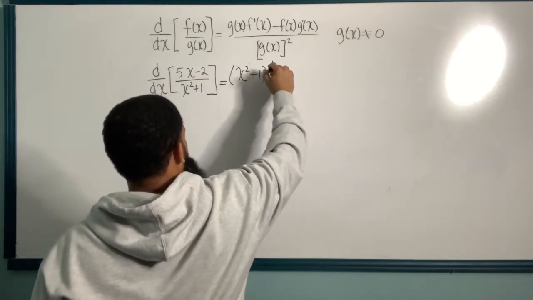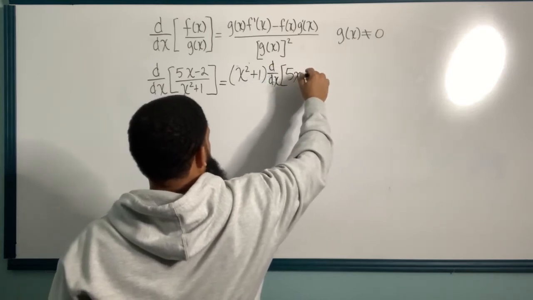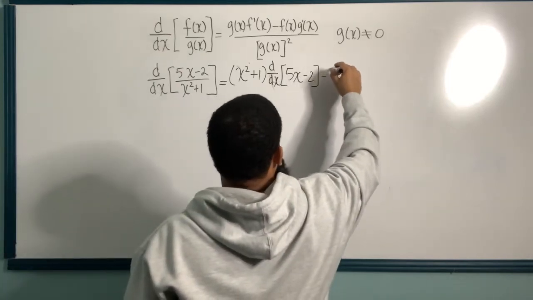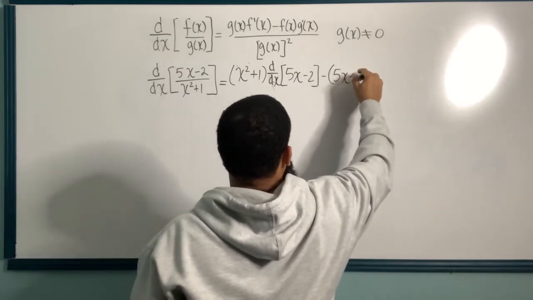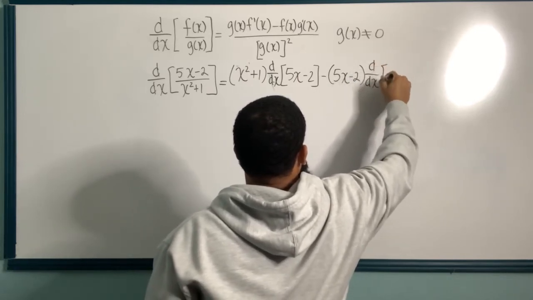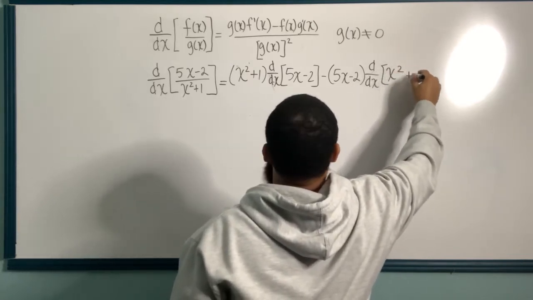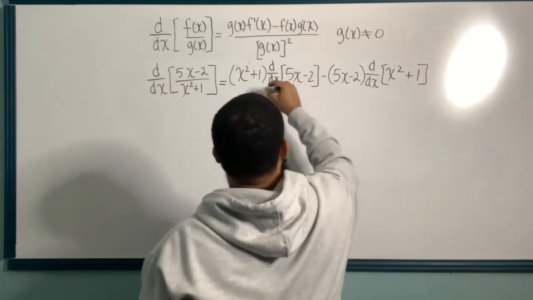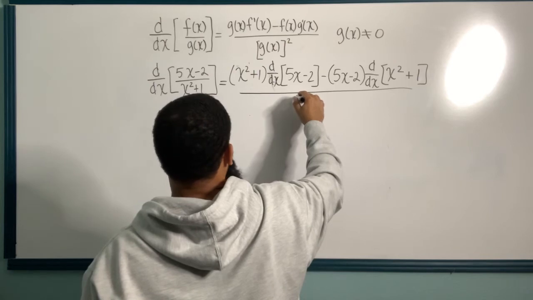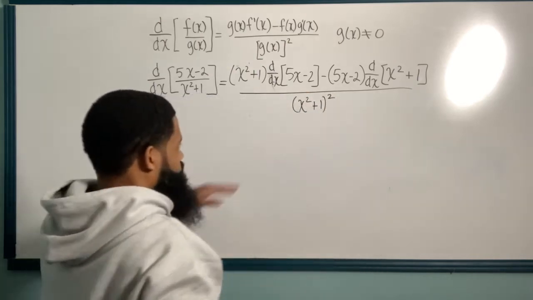So d dx of 5x minus 2, and then minus 5x minus 2 d dx of x squared plus 1, all over x squared plus 1 squared. All right, we're going to leave that just like that.